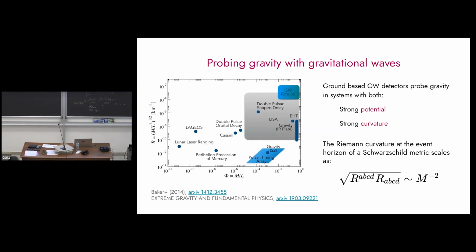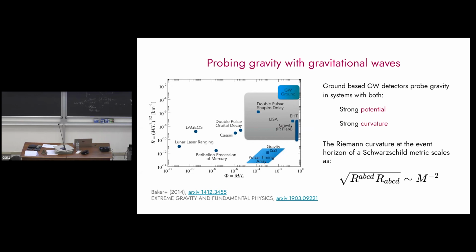When you want to probe gravity with gravitational waves, there is this nice plot that you can use to understand which kind of gravity you are probing, which has the potential on the x-axis, and the curvature scale on the y-axis.